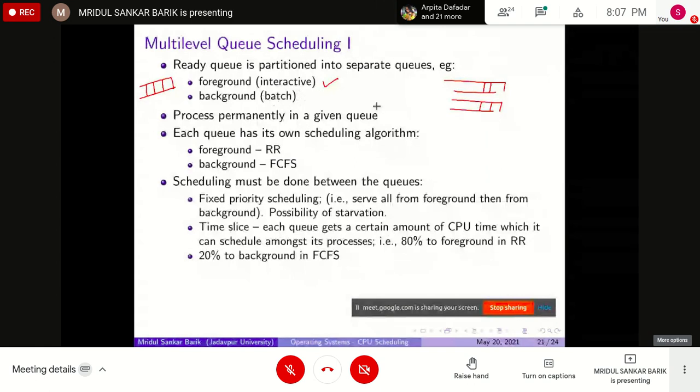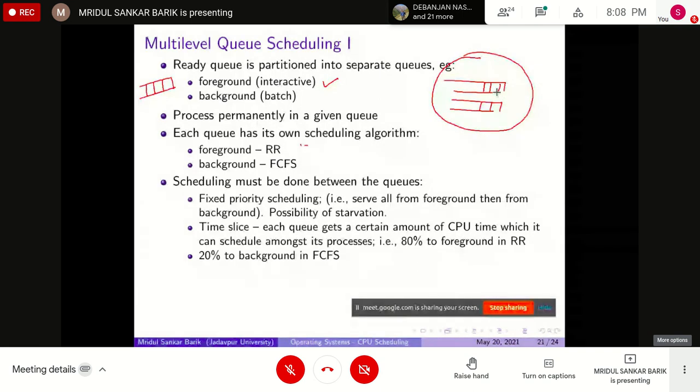So processes are permanently assigned to a queue. Whenever they come to the ready state, they are put into either the foreground queue or the background queue, depending on a priori knowledge about their nature, whether they are interactive processes or background processes. And each queue is scheduled using a different scheduling strategy.